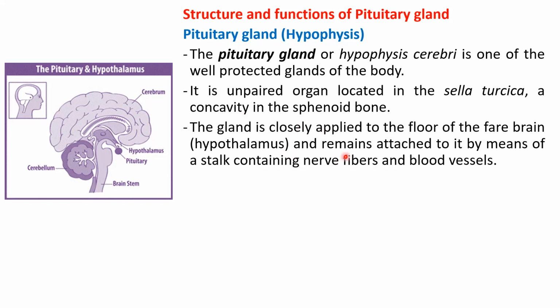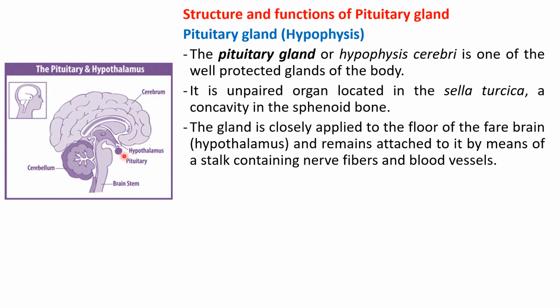The gland is closely applied to the floor of the forebrain, that is the hypothalamus, and remains attached to it by means of a stalk containing nerve fibers and blood vessels. So you can see that this is the location of the pituitary gland.